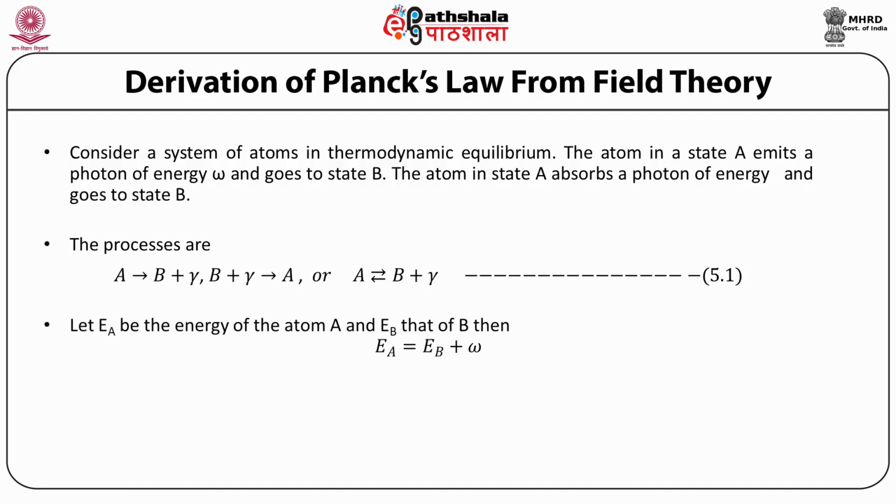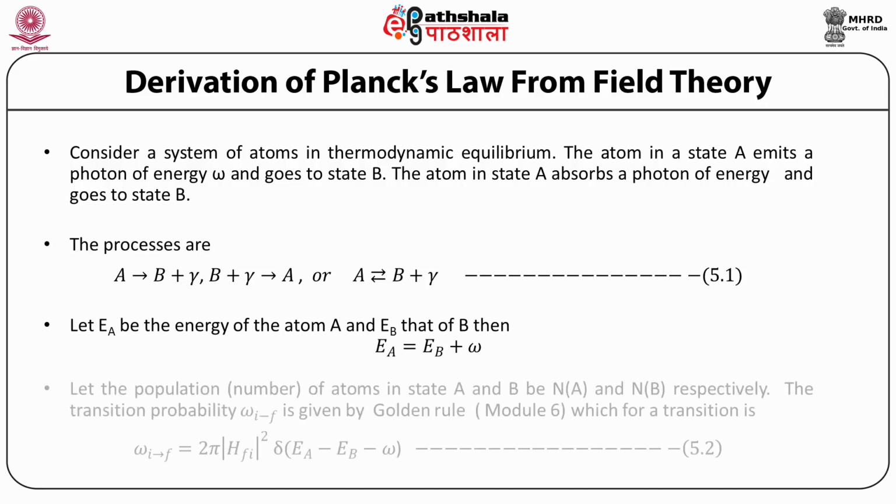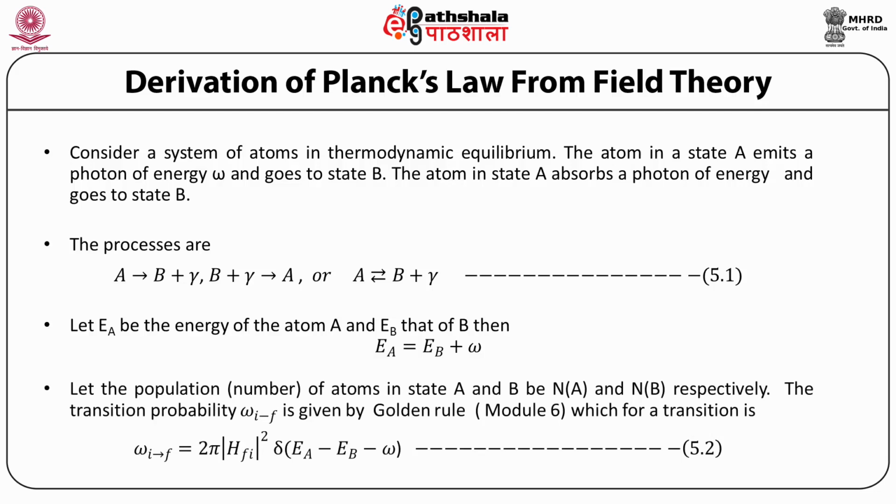Let E_A be the energy of the atom A, E_B be that of the atom B. Then E_A is equal to E_B plus omega. Let the population number of atoms in state A be N(A), and in state B be N(B).